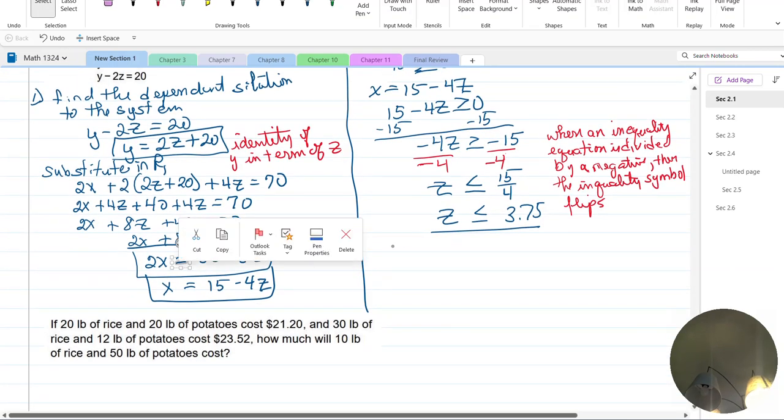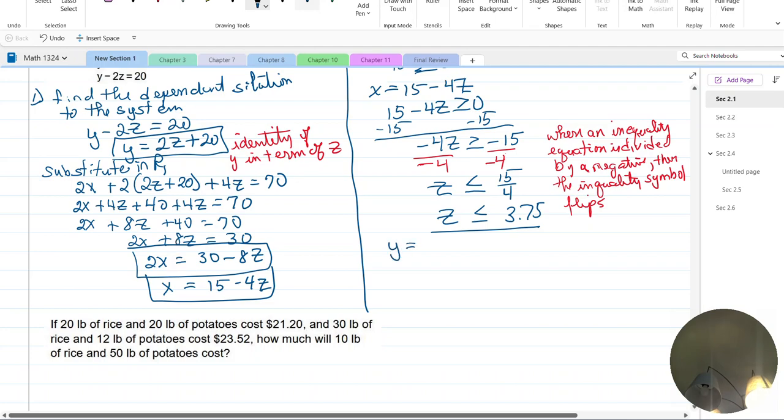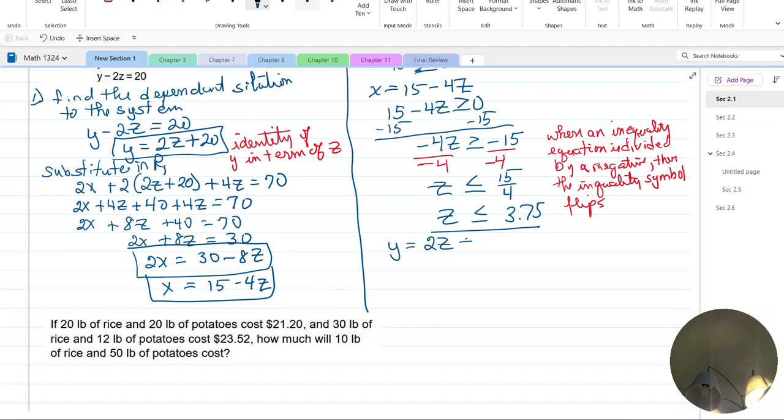Now we're going to do the y. Y equals 2z plus 20. So we're going to say 2z plus 20 has to be greater than or equal to 0. We're going to subtract the 20 and divide by 2.